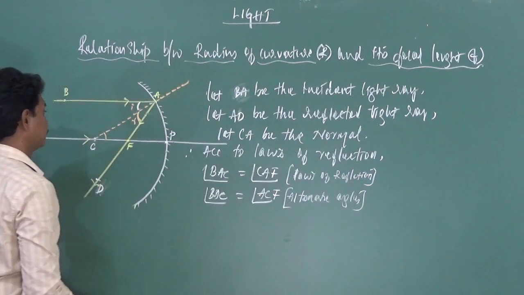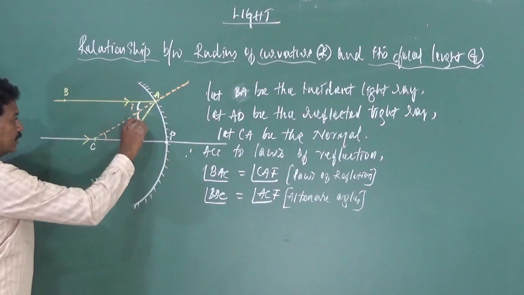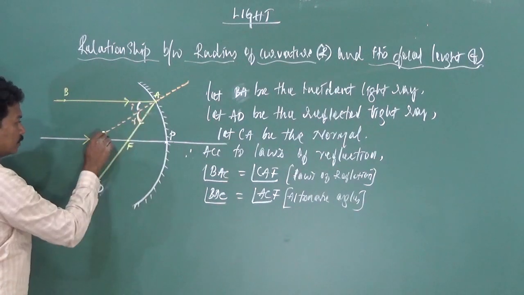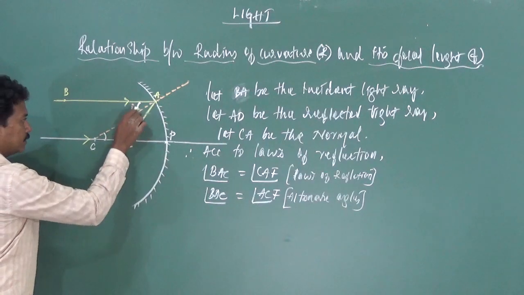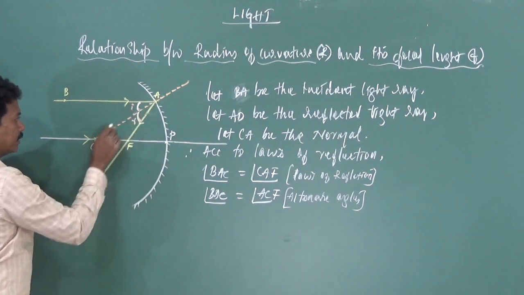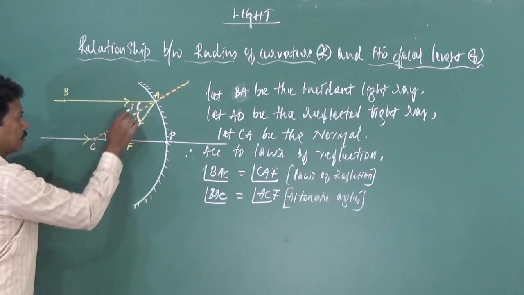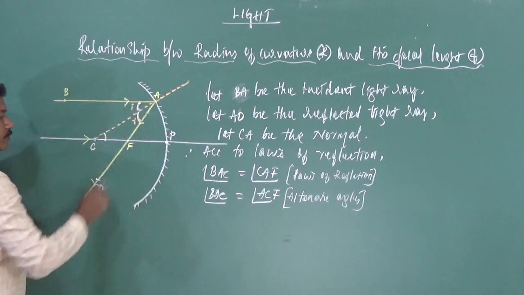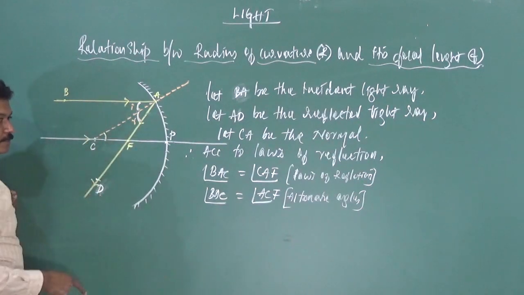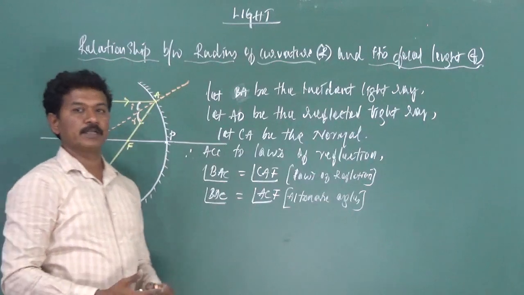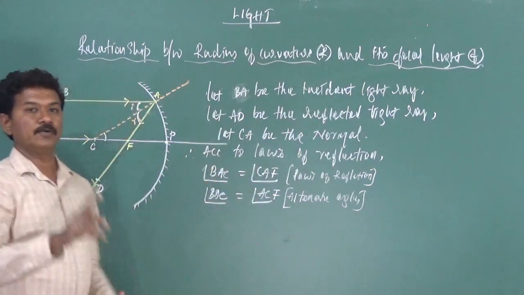Now we have two angles equal. This angle is equal to this, and this angle is equal to this. So in the sense, two things are equal to the same thing. According to the axiom in geometry, if two things are equal to the same thing, then they should be equal to one another.